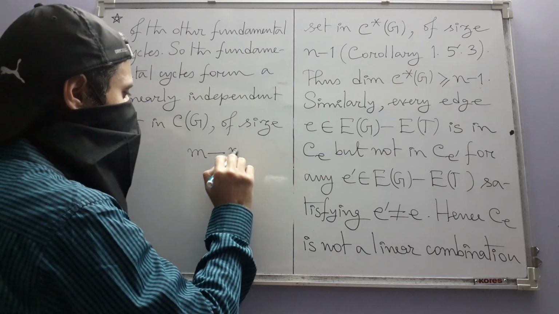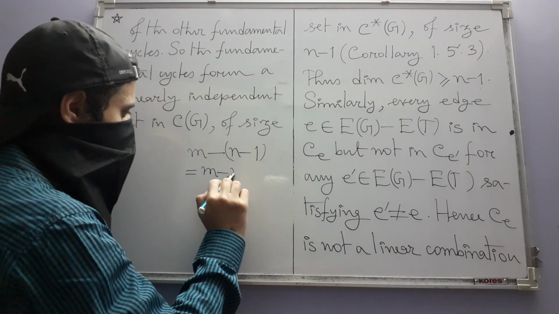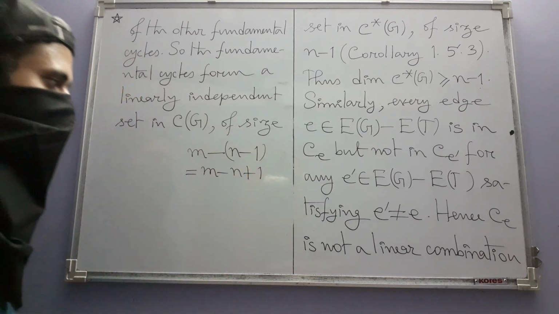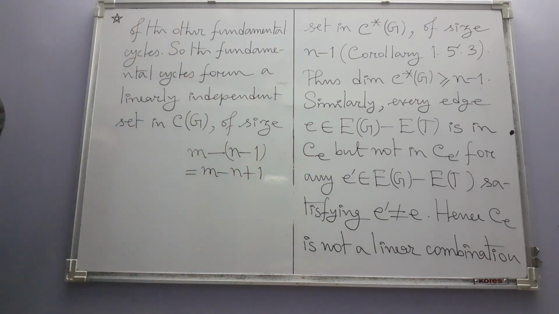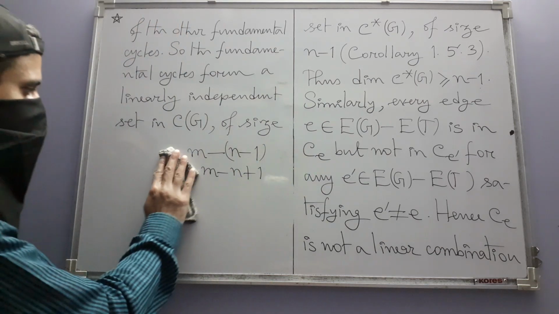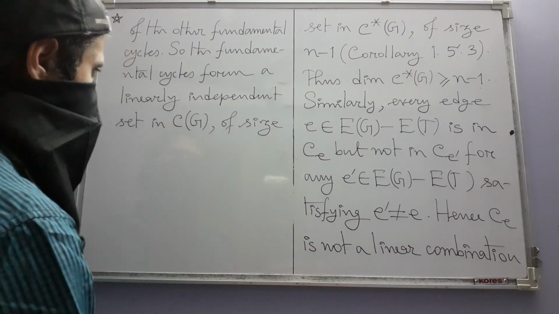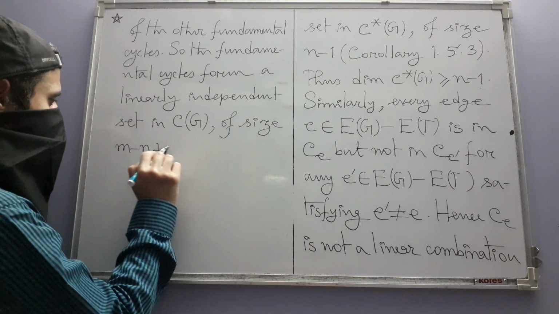N minus 1 edges. So the number is m minus n plus 1. So we will have precisely this many fundamental cycles. So the set of all fundamental cycles has size m minus n plus 1.